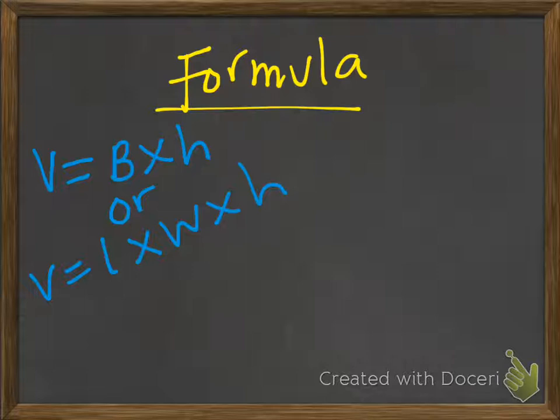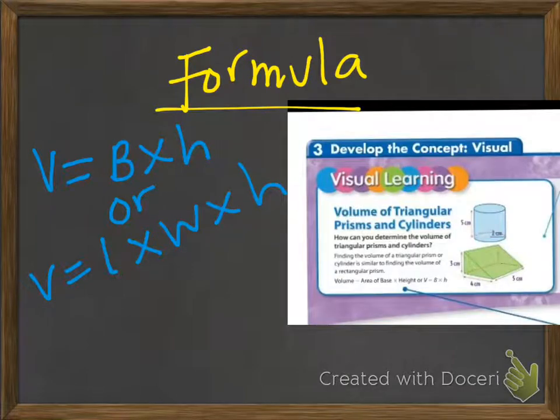And so I'm going to bring up the picture here. Let's use the example from your book, right? And which was the triangular prism, yes, the green one here. And so let's use the measurements here, okay? So okay, you want to write this down for your notes.